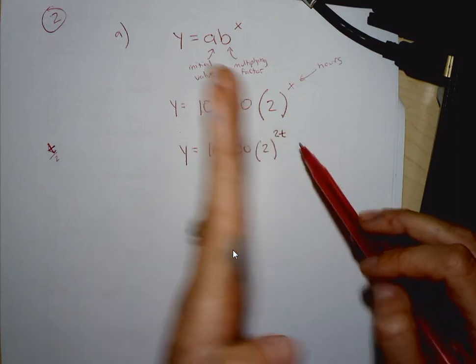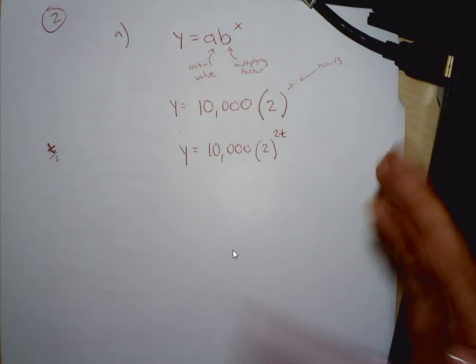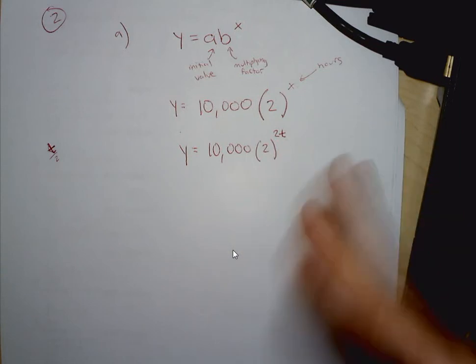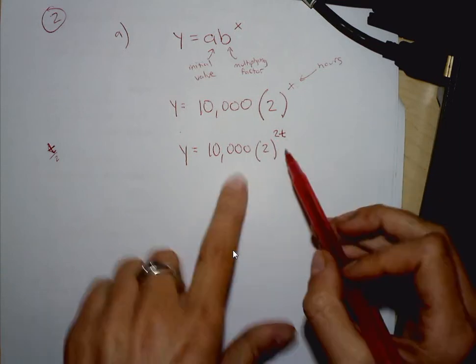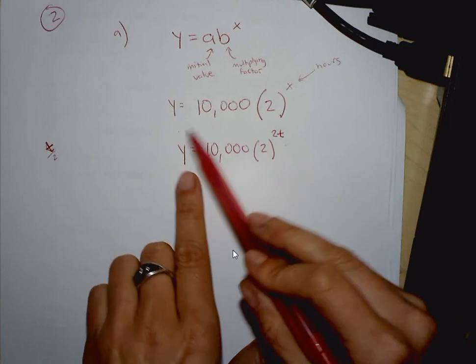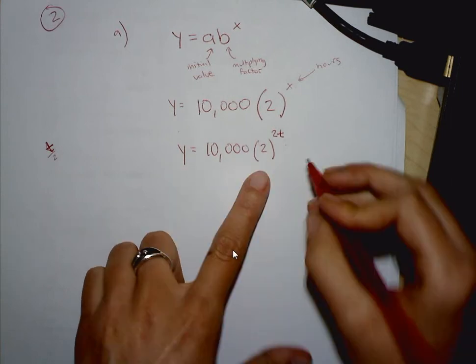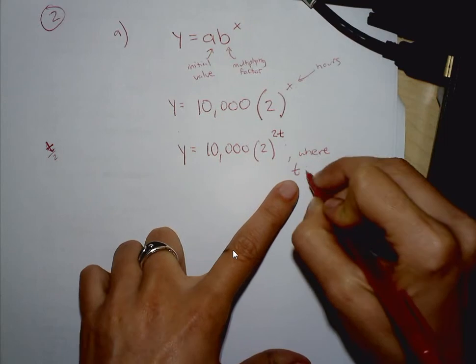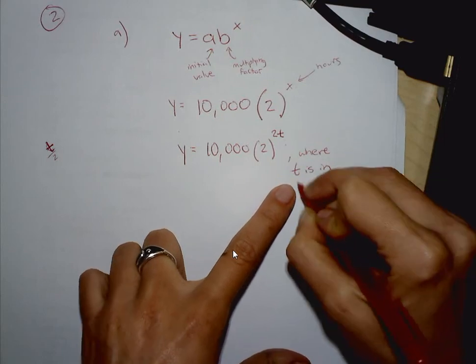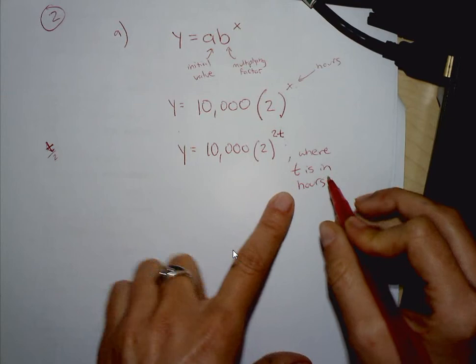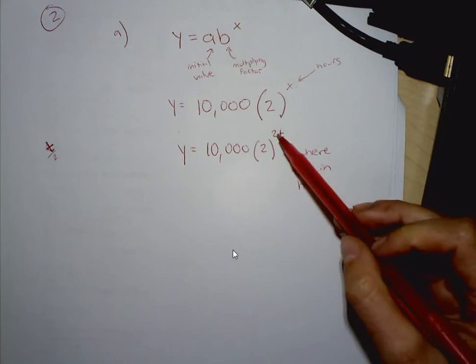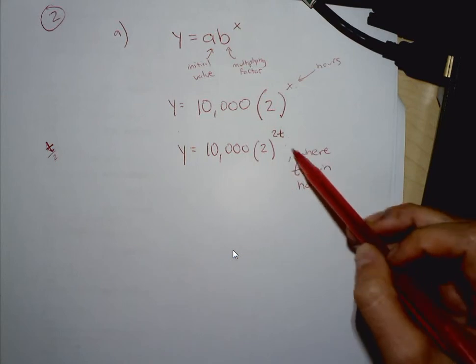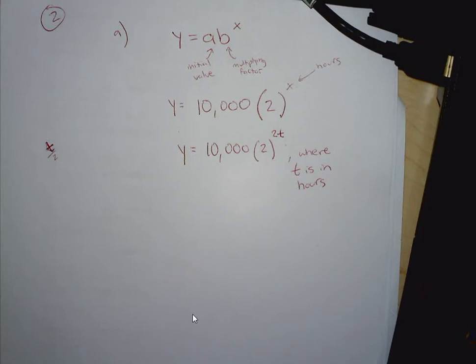I hope I explained that so you understand it. Okay, so here is my equation. I'm going to say where t is in hours, just so we can clarify that every 30 minutes, 2 times an hour, we are going to double. So this was the answer to part A.